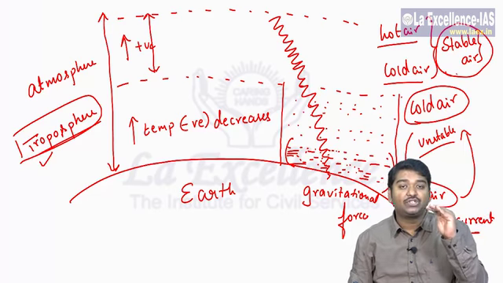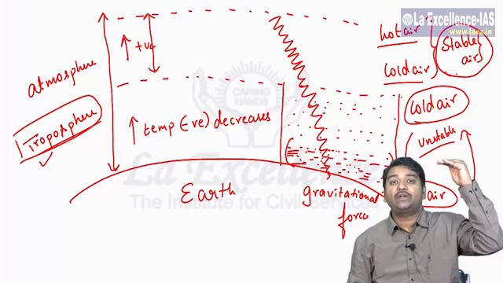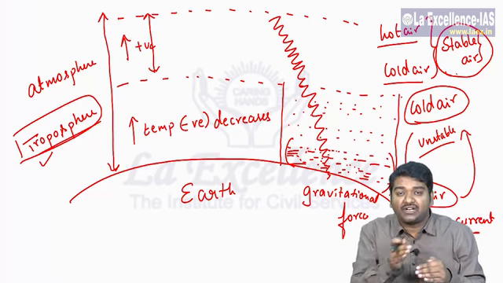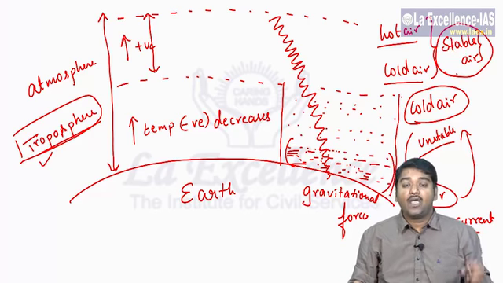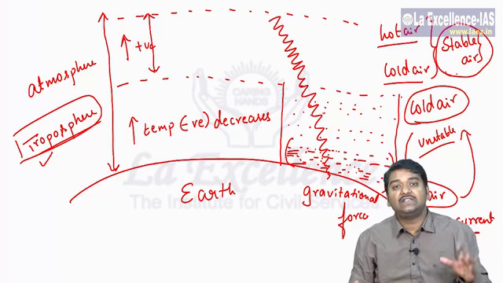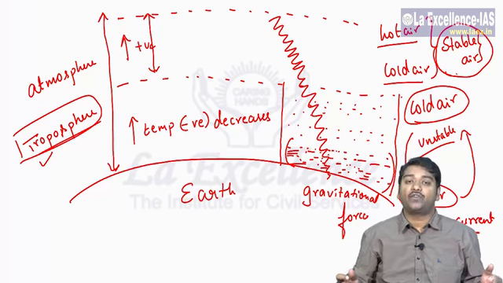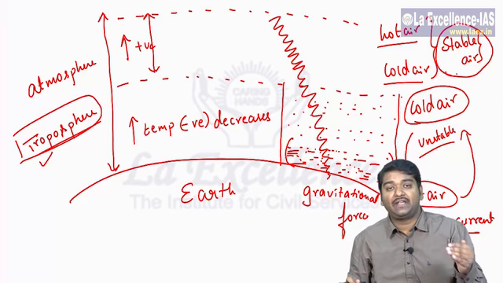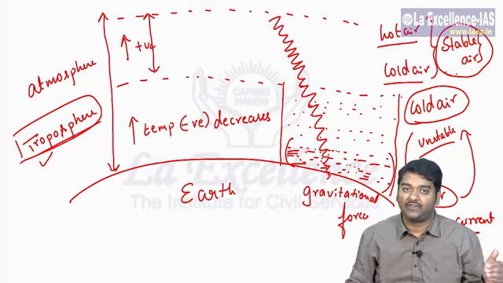Due to this, you see hot air below and cold air above. As cold air is heavy and hot air is light, there will be convection current in the atmosphere, at least in the troposphere. Because of this, we see lot of climatic and weather phenomena in different parts of the Earth. I hope this is clear. We'll be explaining and we'll be implementing this in further areas as well.